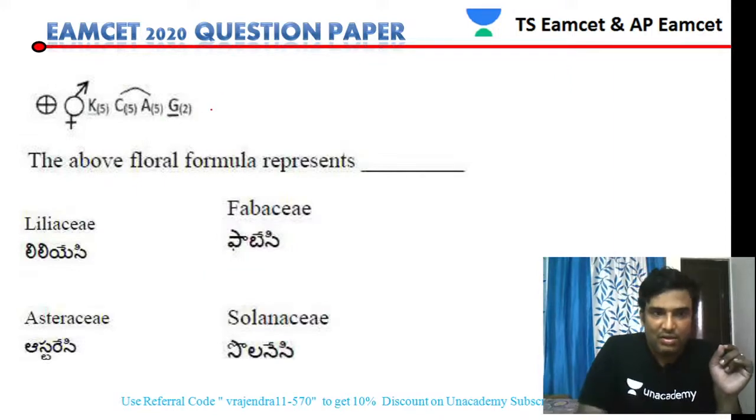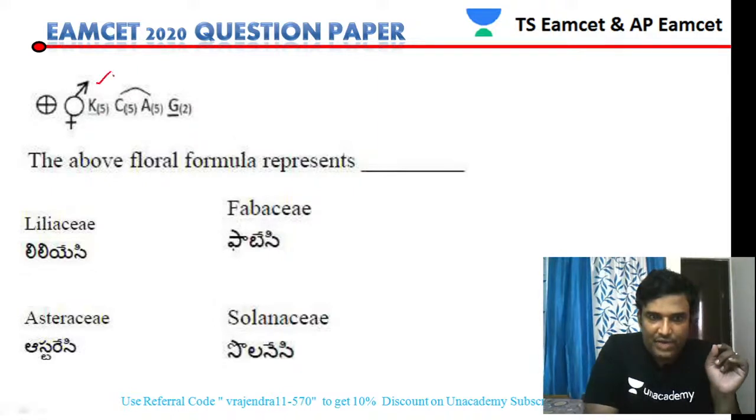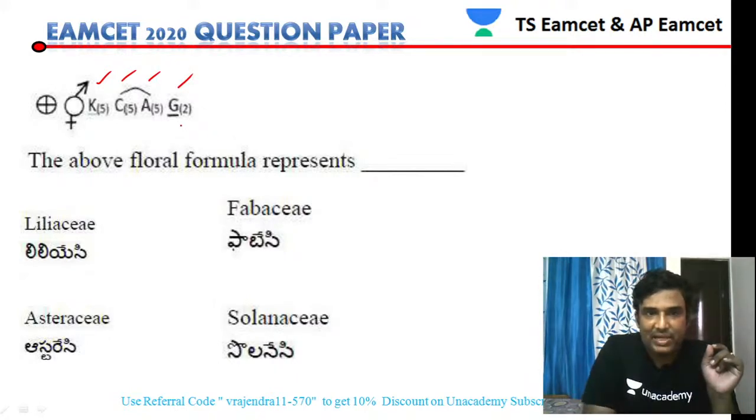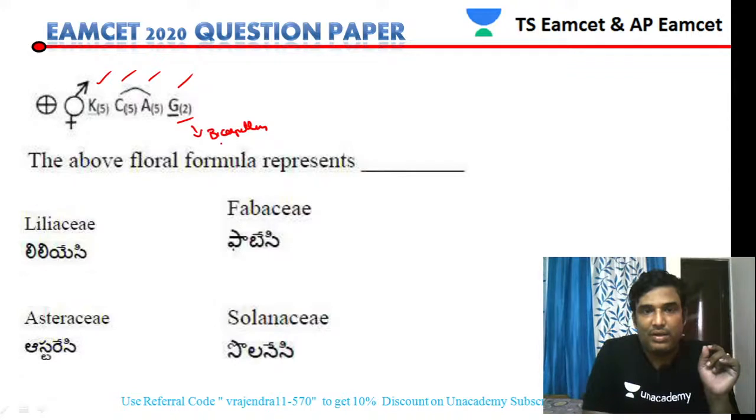Next, this is the floral formula. If you see the floral formula, 5 calyx, 5 corolla, and the number of stamens is 5. G2 means it is bicarpellary.